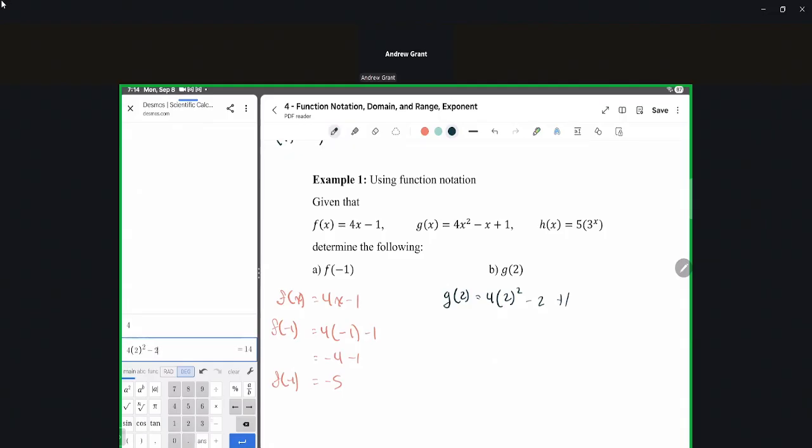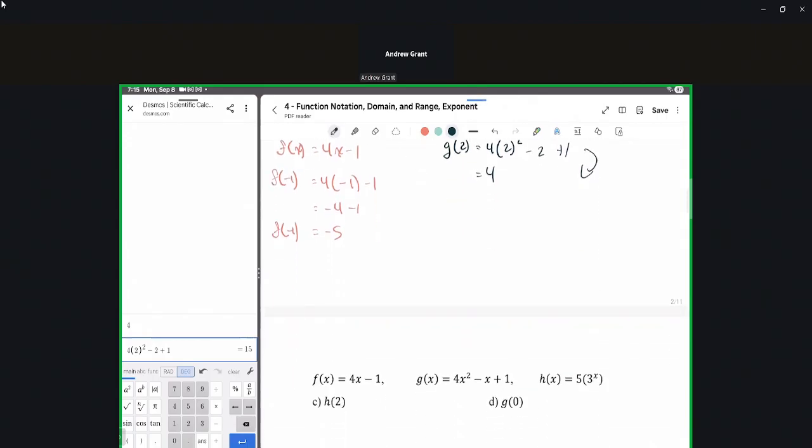And again, as a reminder, I'm using the Desmos scientific calculator that you can see at the top of the screen here. And when we type this in, we end up getting 4. For our purposes, it's enough to show that if g of x is this quadratic, g of 2 is this is what we're typing in, and we get our answer. Like, we don't get marks for showing all of our individual steps. You get 1 mark for saying, hey, this is what I'm trying to evaluate, and then whatever you get at the end is good. But why stop there?